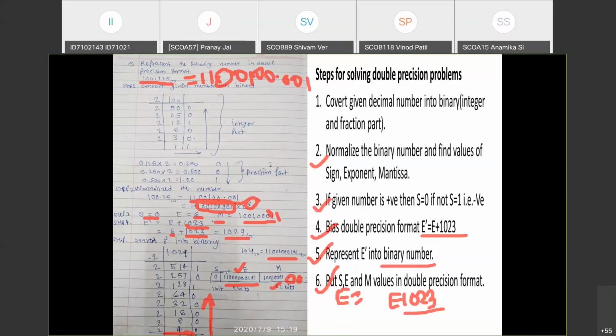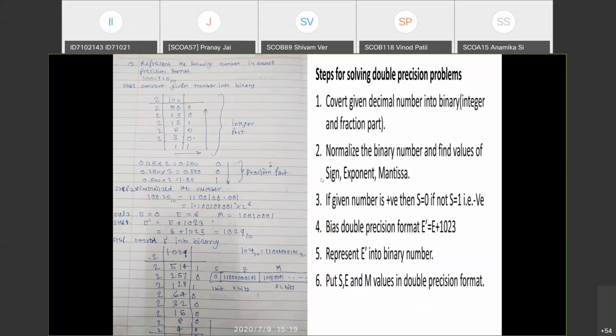Here it should be a 0. Correct. Other than that, any doubt? Okay, I will go to the next problem.